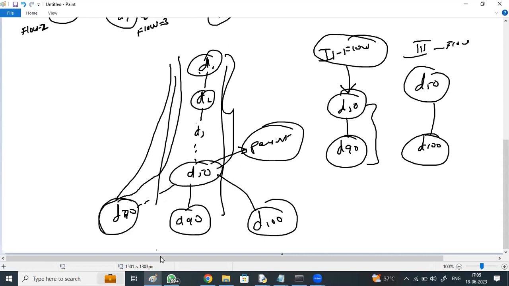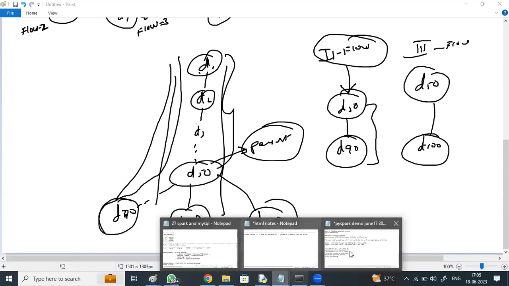So that is how transformations can be reused.